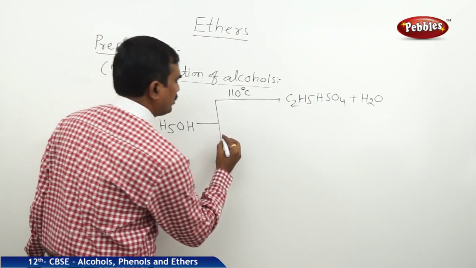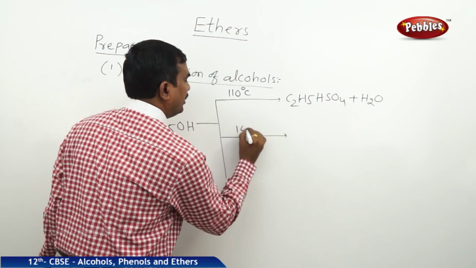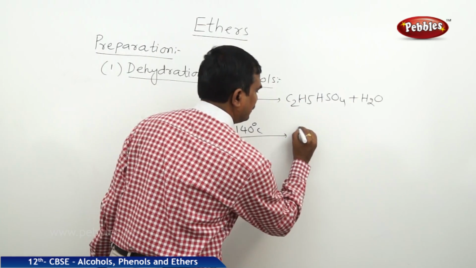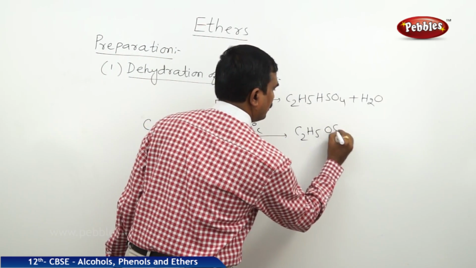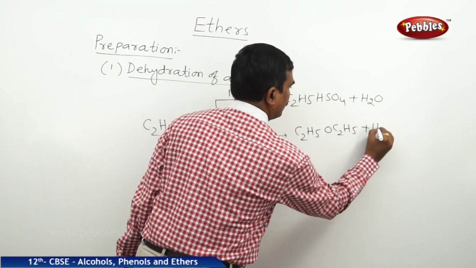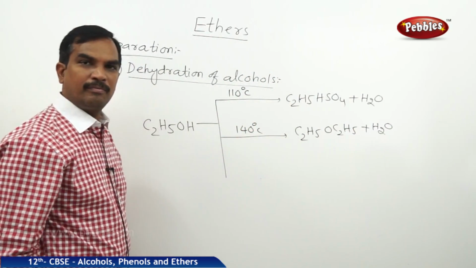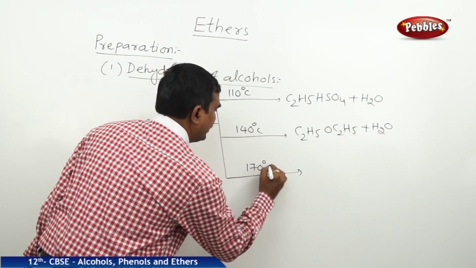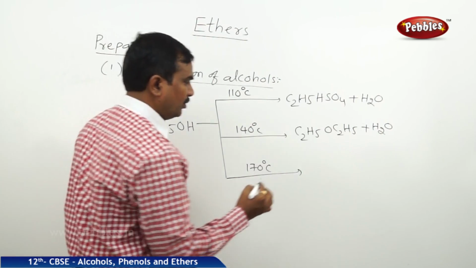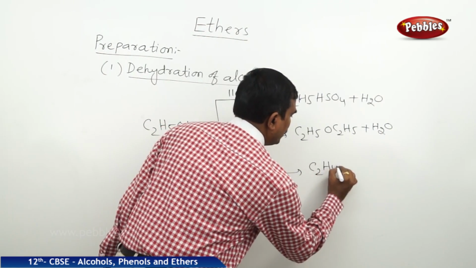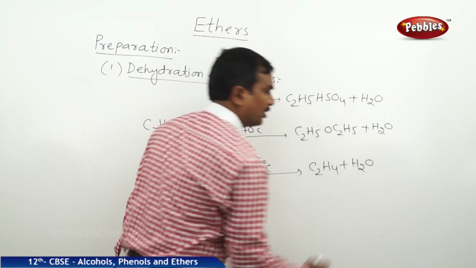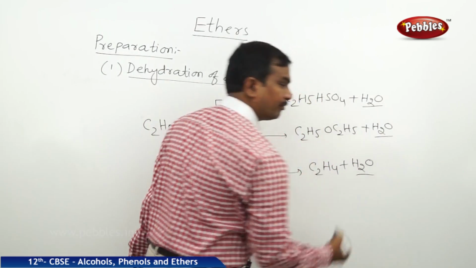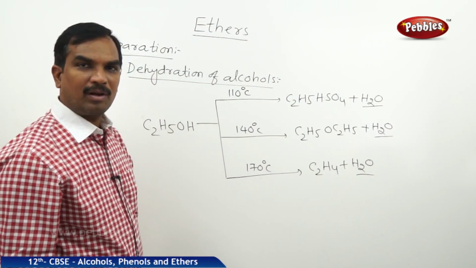Or if we use a temperature of 140 degrees Celsius, we'll get the product diethyl ether with water. Or if we use a temperature of 170 degrees Celsius, we'll get C2H4 along with water.